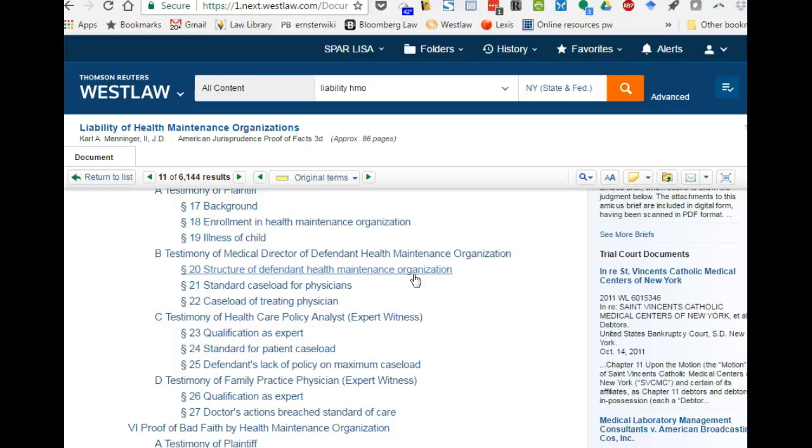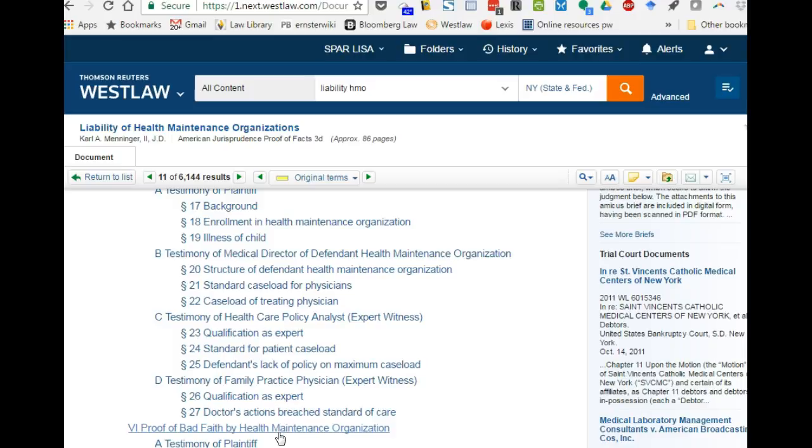So really, I think potentially really helpful how-to. If you wanted to try to prove bad faith by the HMO. So even starting out in your research, this is giving you ideas because we're learning that this ERISA preemption thing may be a problem.